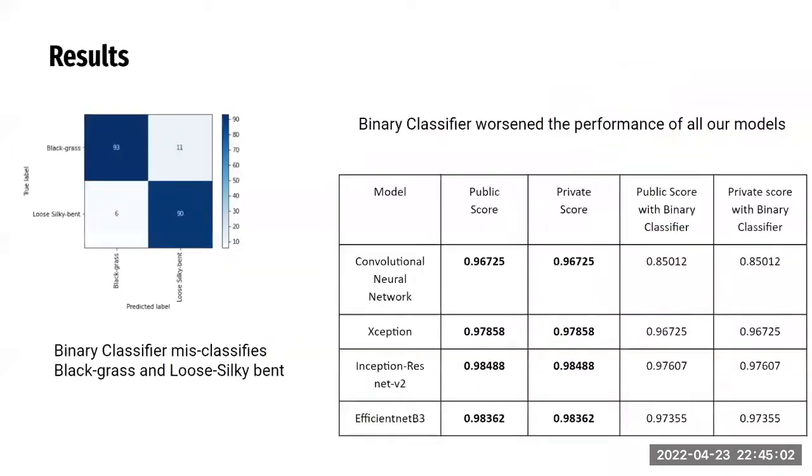However, as you can see from the confusion matrix, the binary classifier still misclassifies the black grass and loose silky bent images. And from the table on the right, you can see our models perform much better without the use of the binary classifier, and using this binary classifier only worsened the performance of our model on the leaderboard.